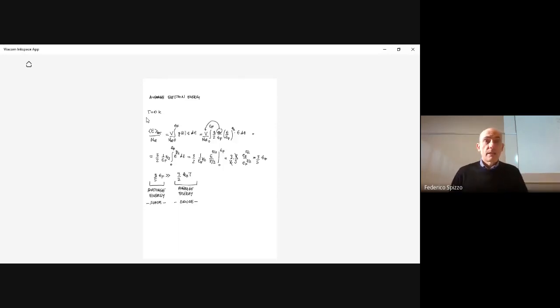The only difference here is not due to the hypothesis of the model, because the hypothesis was exactly the same, but it's just due to the way we handle the electrons. Drude handled the electrons as classical particles. Sommerfeld handles the electrons as fermions, so particles that are described by the Fermi-Dirac distribution.